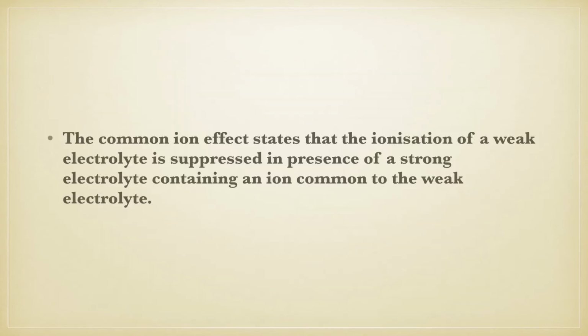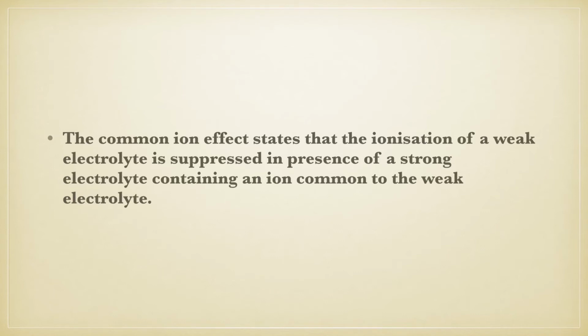Now we'll see what it literally states. The common ion effect states that the ionization of a weak electrolyte is suppressed in the presence of a strong electrolyte containing an ion common to the weak electrolyte. So in the first case, it suppresses the ionization of the weak electrolyte CH3COOH in the presence of a strong electrolyte, CH3COONa, containing the common ion CH3COO minus.